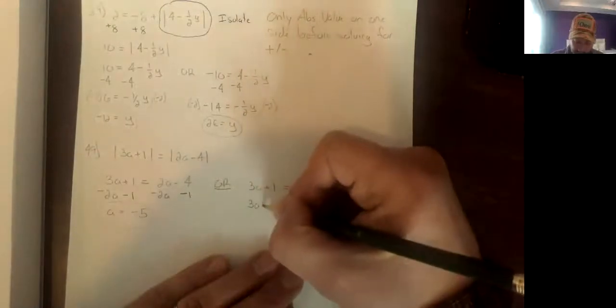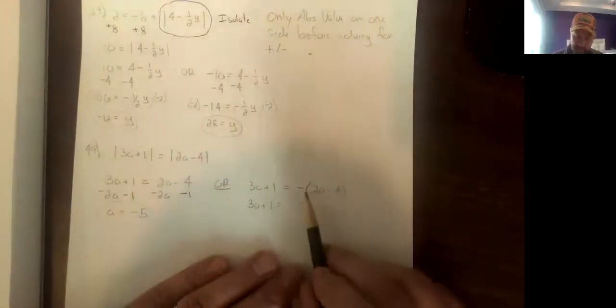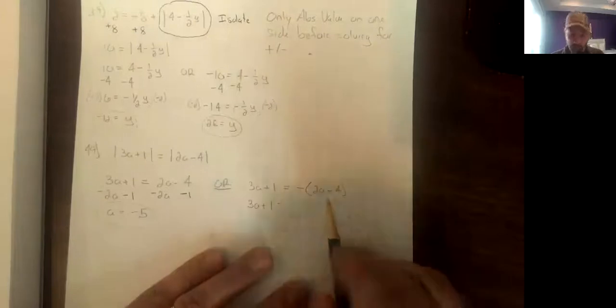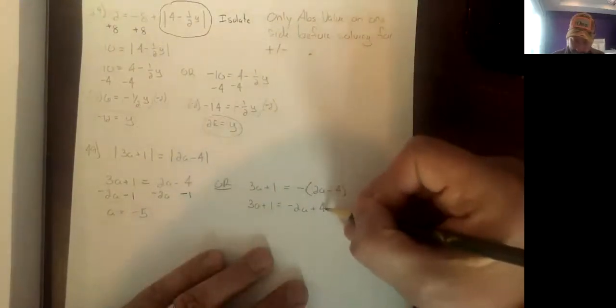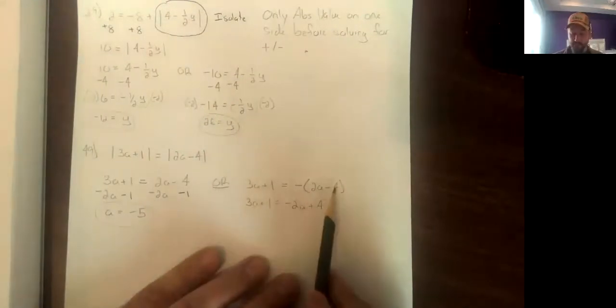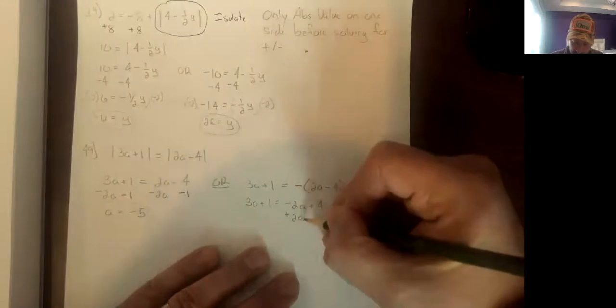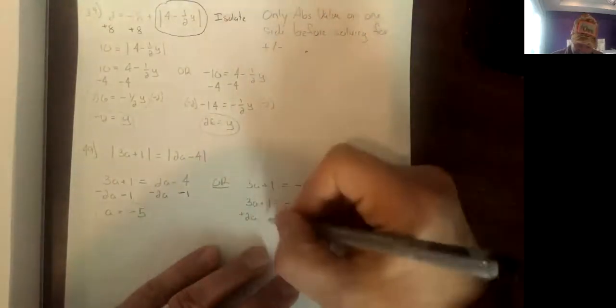Over here, I have one extra step involved because I needed to negate the entire quantity. So to negate the entire quantity, I just changed the sign. Negative 2a, positive 4. Now I move. So now I'm going to move my 2a over here, and I'm going to subtract my 1 over here.